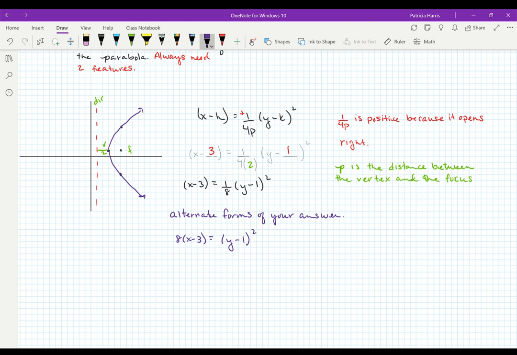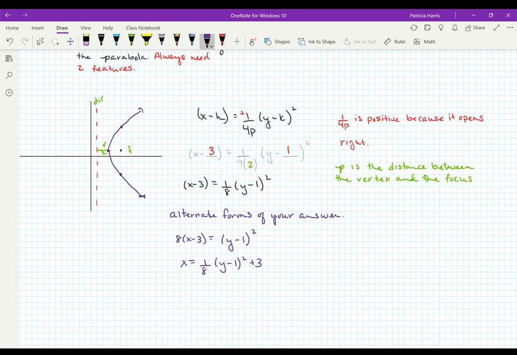I'm just going to go for the 2 most common. Could be this. So you just need to be aware that that's what those look like.